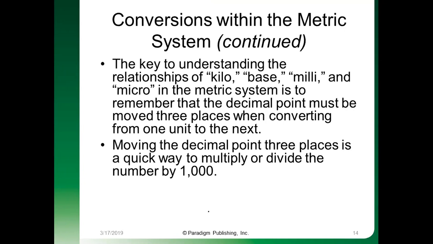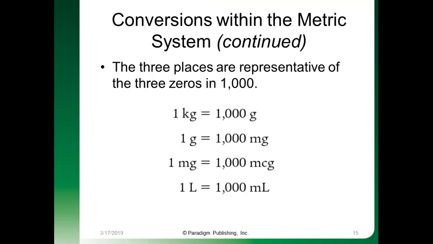So moving the decimal point 3 spaces is a quick way to multiply or divide the number by 1,000. So 3 places are representative of the 3 zeros in 1,000.